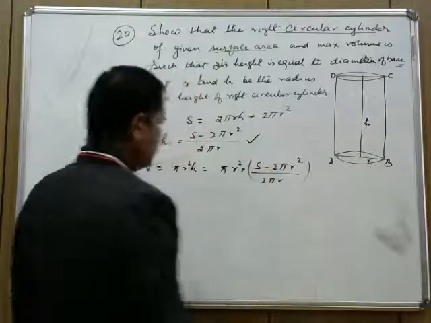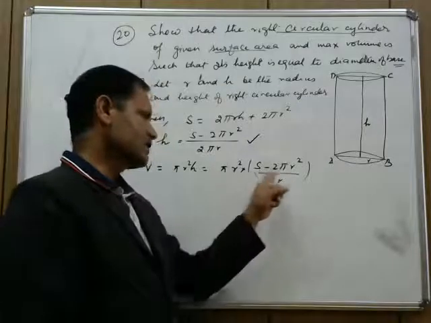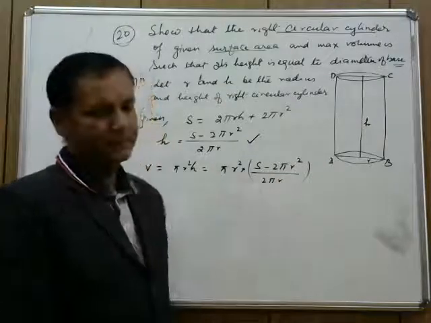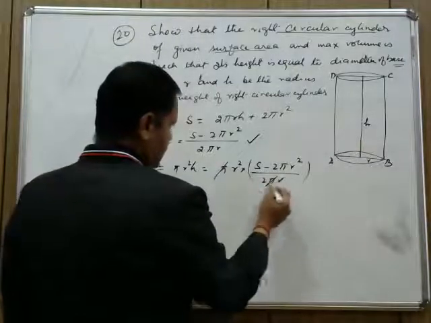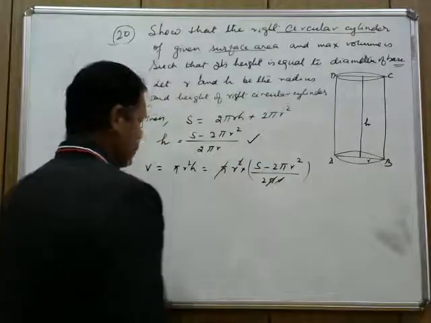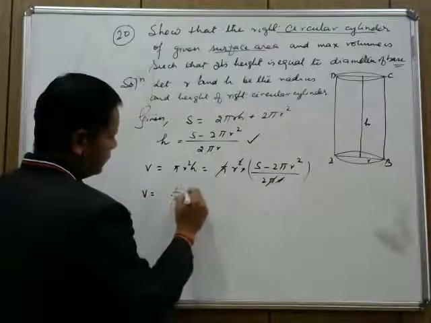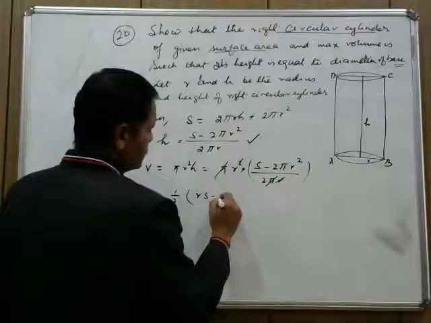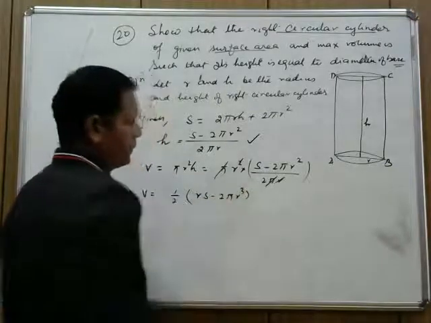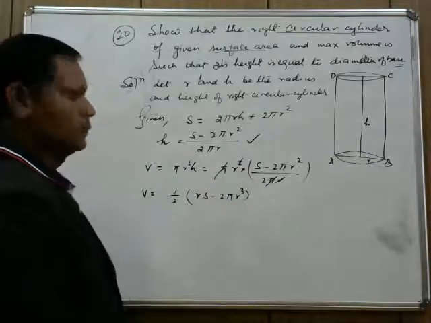See now, pi r square, in place of h I have used (S minus 2 pi r square) upon 2 pi r. Now here pi r is cancelled. Now V is equal to 1 by 2 in bracket, can I write, rS minus 2 pi r cube. 1 by 2 (rS minus 2 pi r cube).